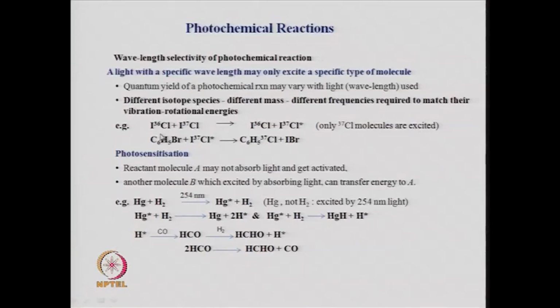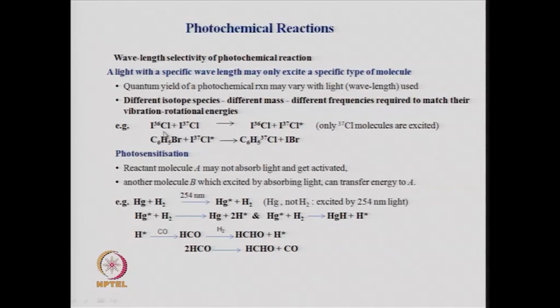And so, this reaction shows that if you have iodine chloride, which has iodine with a mass of 36, and you also have iodine chloride where the iodine isotope 37 is present.